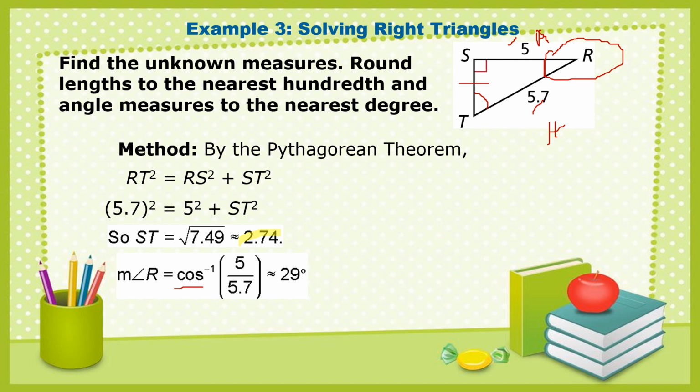So 5, in your scientific calculator, substituting the adjacent, 5 divided by 5.7 equals, shift cosine equals, then press DMS, and the answer is 29 degrees.